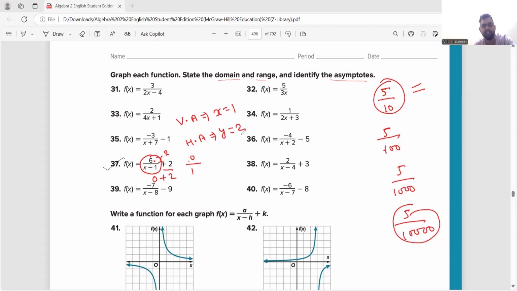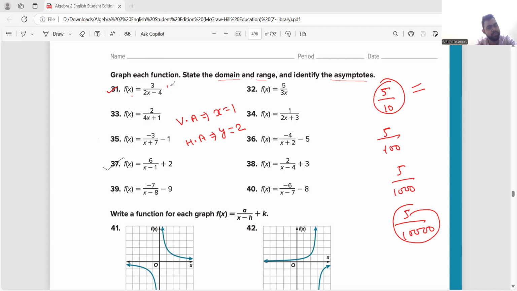Understand my point, right? Now keep telling me the horizontal asymptote for all of them. They all are the same question. Horizontal asymptote for 31? Which degree is greater, numerator or denominator? Denominator. So what would be the asymptote? Y is equal to 0. Is there anything plus or minus?